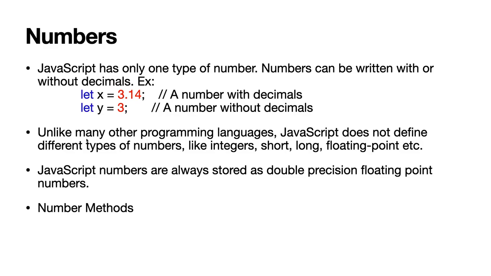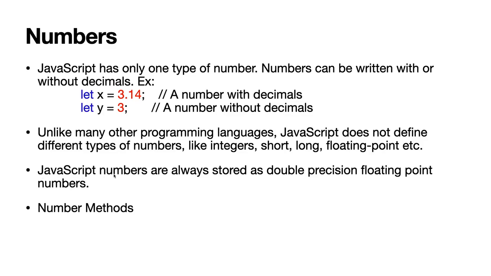This is just a simple example: let x equal 3.14, a number with decimals, and let y equal 3, a number without decimals. Unlike many other programming languages, JavaScript does not define different types of numbers like integers, short, long, floating point, etc. That's what I have mentioned earlier.